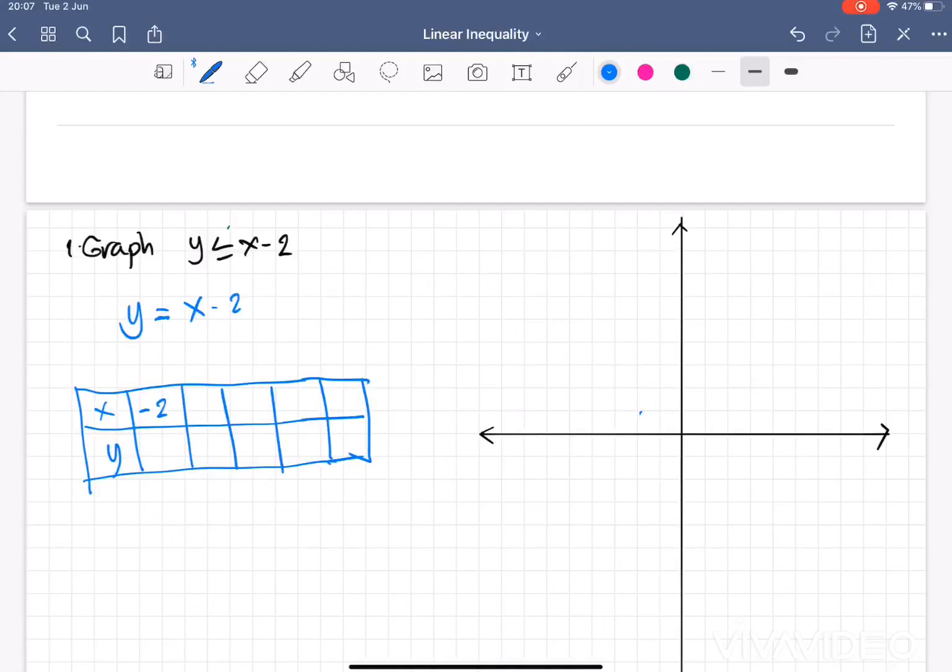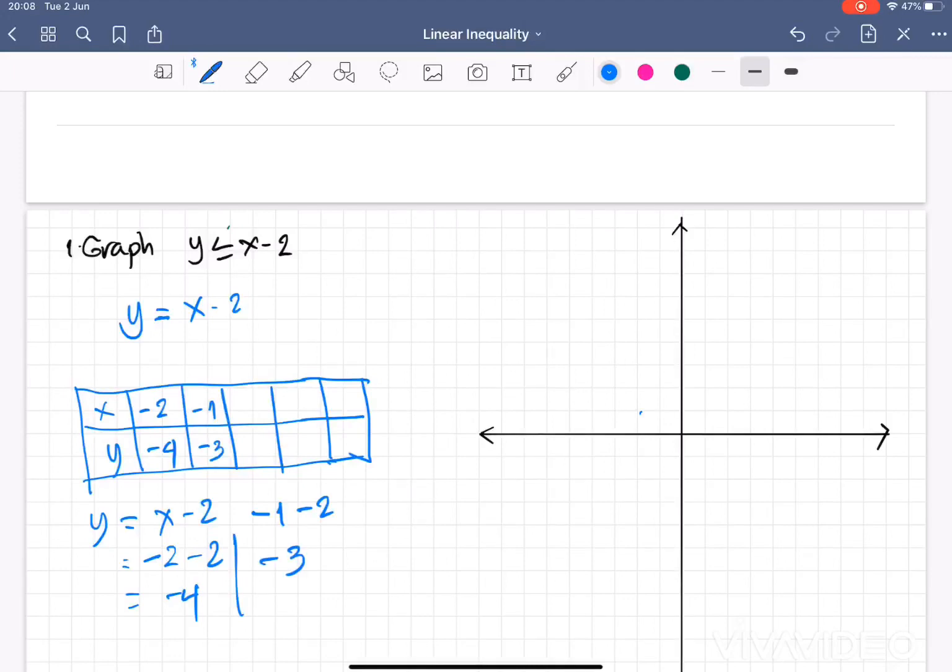If x is negative 2, from the equation y is equal to x minus 2, negative 2 minus 2 will give us negative 4. Next, if x, for example, is equal to negative 1, we have negative 1 minus 2, that will give us negative 3, meaning y is equal to negative 3.